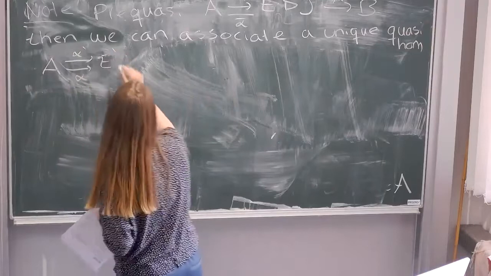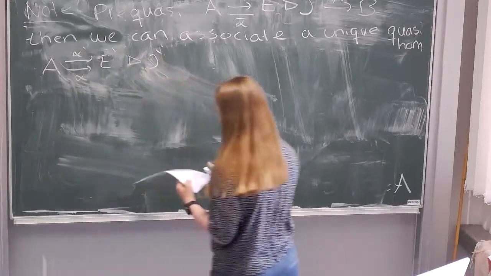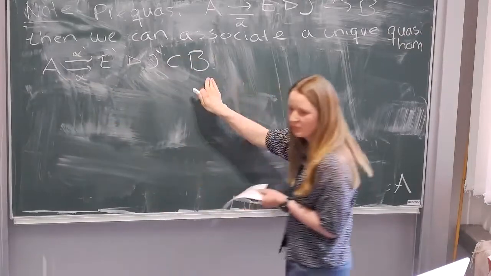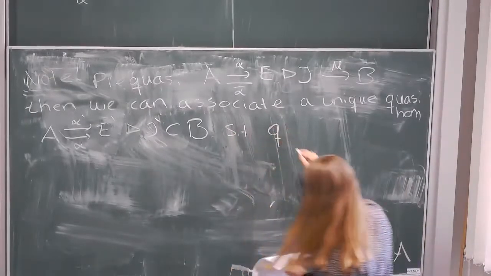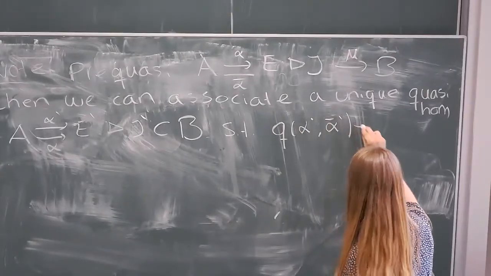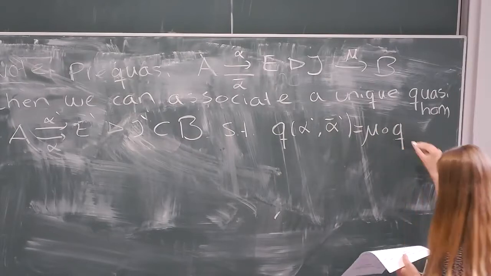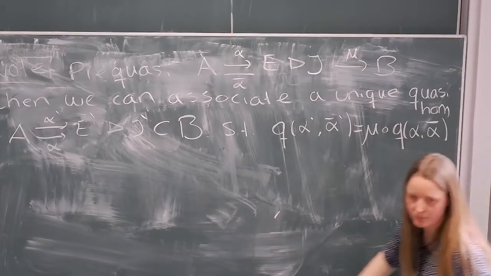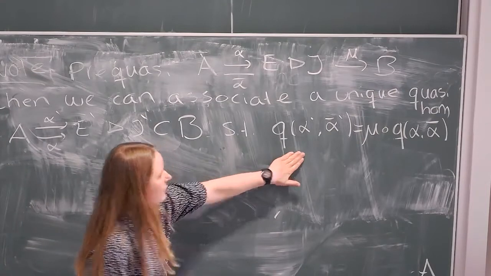We have some other C-star algebras here, E prime and J prime, but we still have our A and B, of course, such that this map Q of alpha prime, alpha bar prime is the same as if we would take mu and compose it with Q of alpha bar. So unique in that sense that this is satisfied.